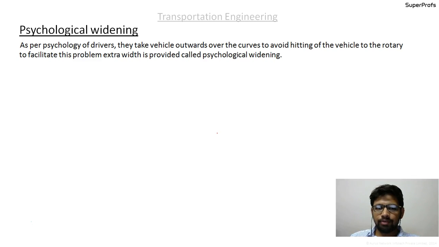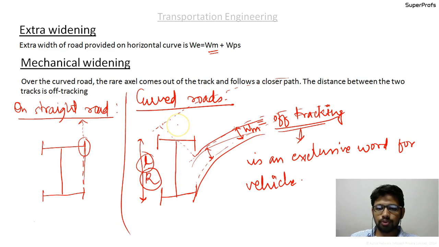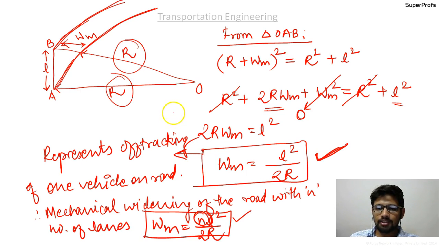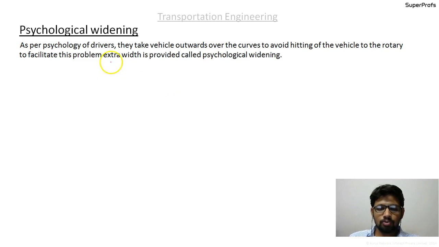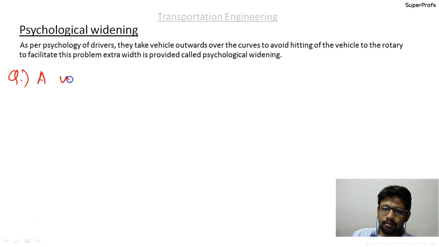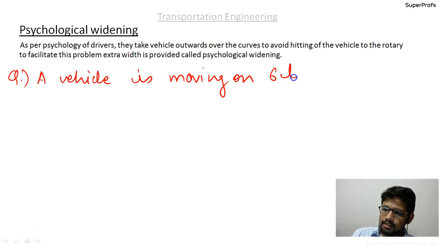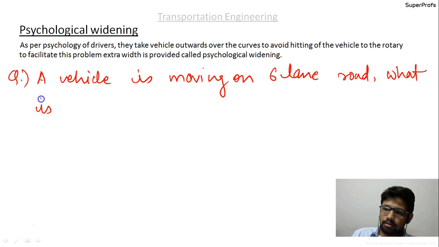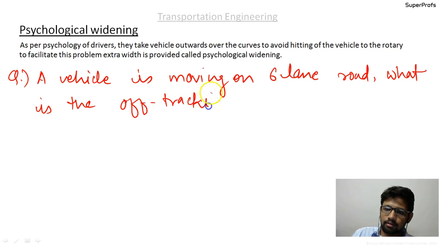Okay, so there is a very famous question based on this. The question is, a vehicle is moving on a six lane road. What is the off tracking of the vehicle?